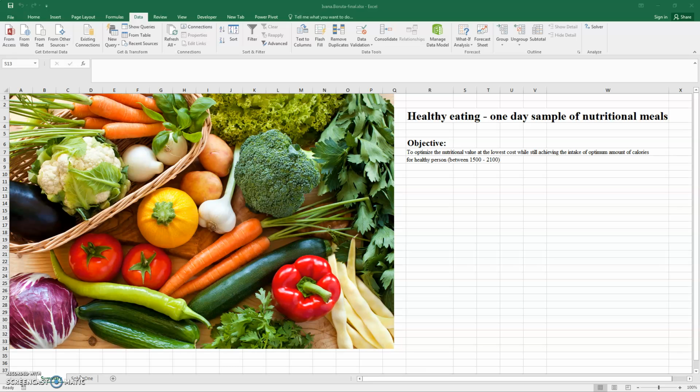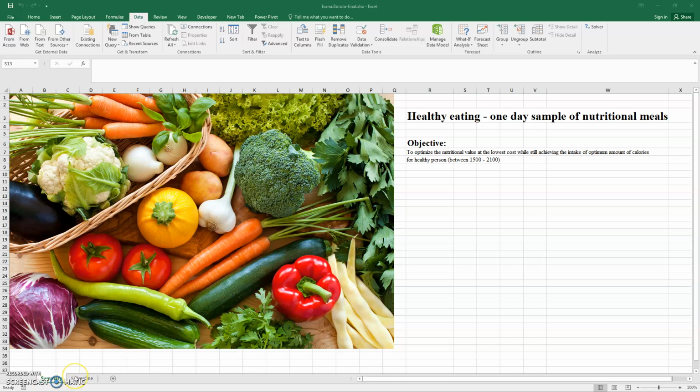That's why I decided it would be good to show that you can eat healthy and still achieve good nutritional value, at the optimal serving and at the lowest price.